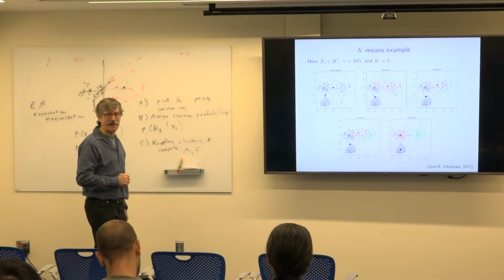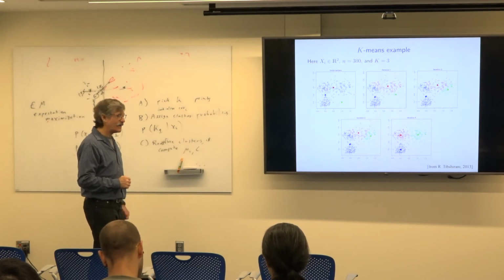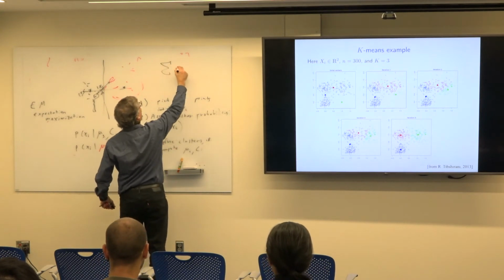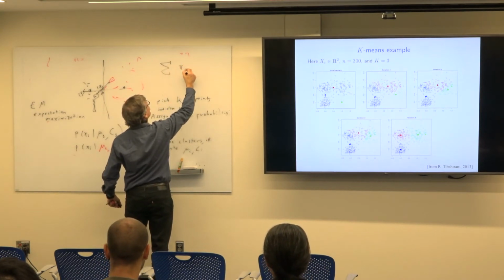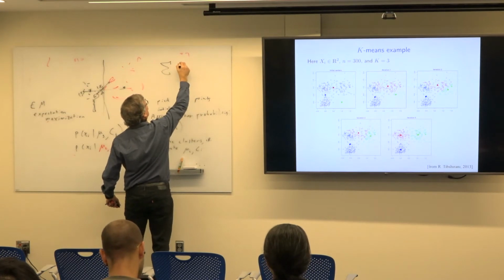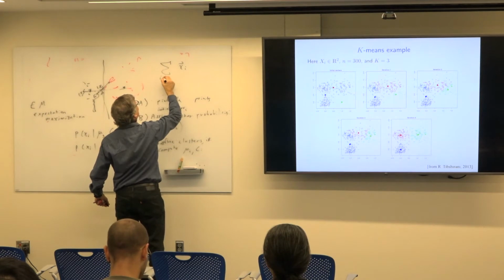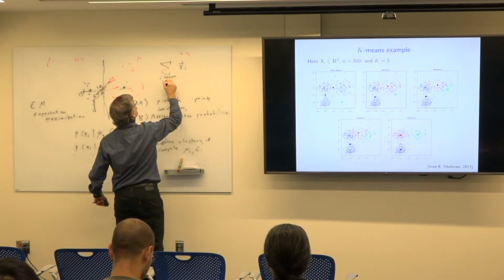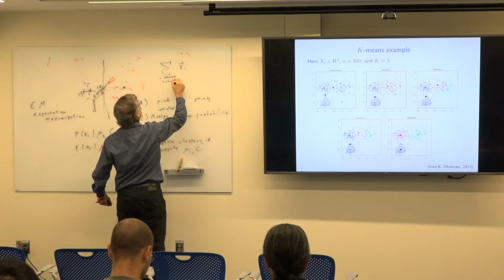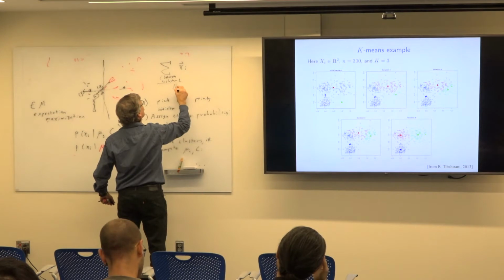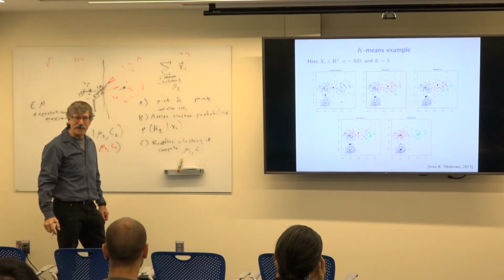So use those weights. In other words, you don't add up some xi vector for i belonging to cluster 1 divided by n for cluster 1. That's what we did for k-means, right?